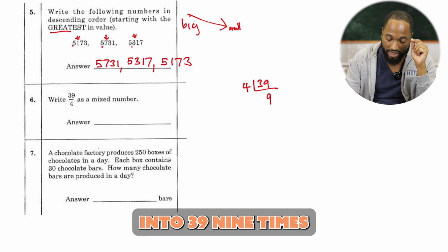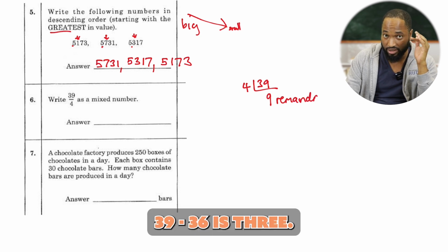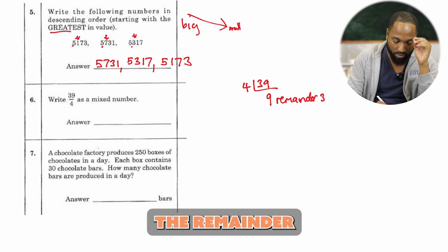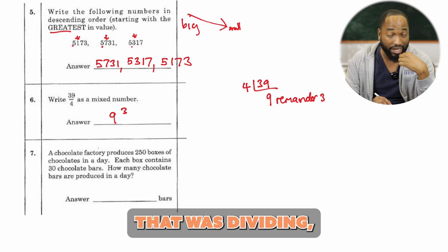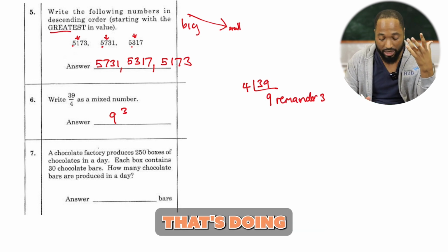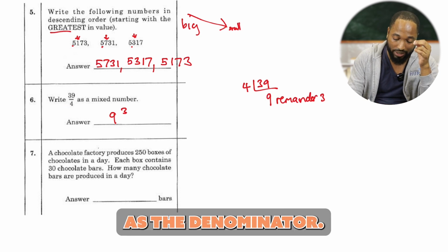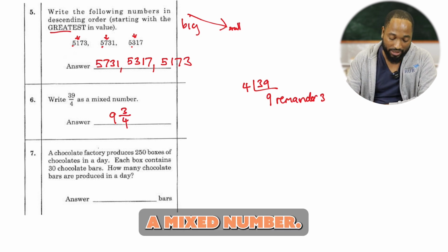So it can go into 39 9 times with a remainder of 3, because 39 minus 36 is 3. So what happens to the remainder? You take the remainder and you place it over the divisor, the number that was doing the dividing. What's the number that's doing the dividing? 4. So 3 over 4. There we go, and that's a mixed number.